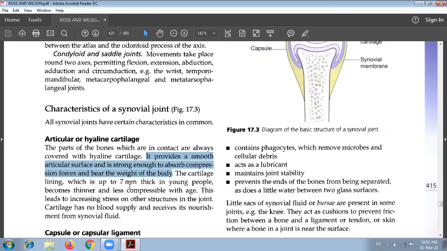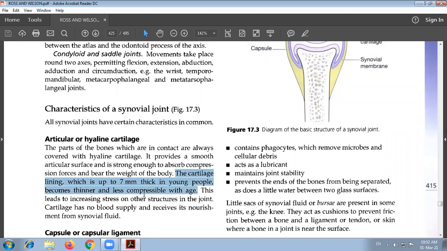The cartilage lining, which is up to 7 mm thick in young people, becomes thinner and less compressible with age. So you can see in childhood it has cartilage up to 7 mm thick, while it becomes thin and less compressible with age.